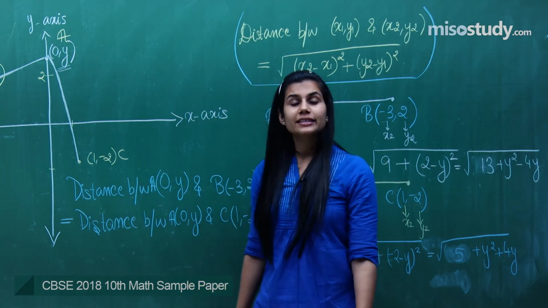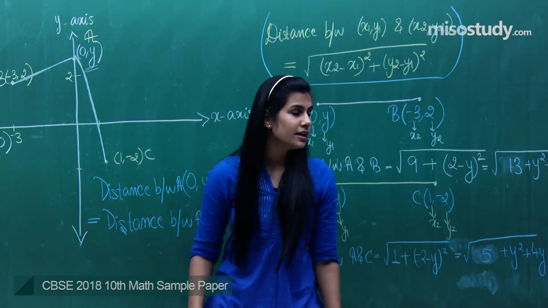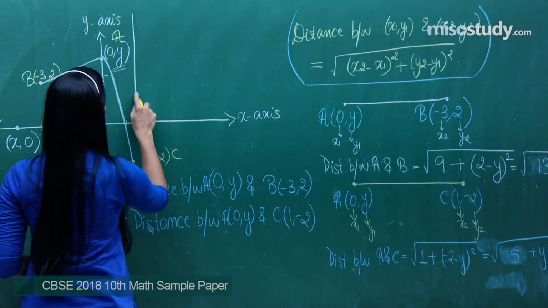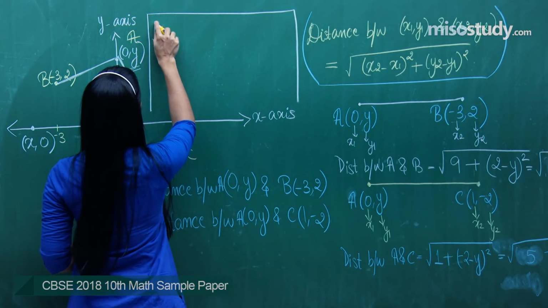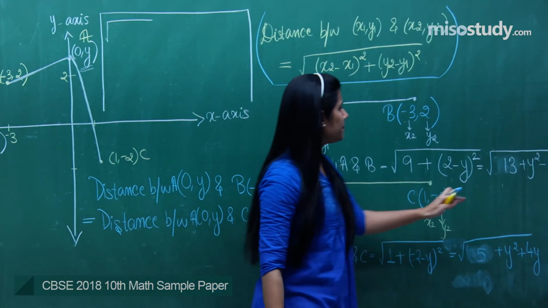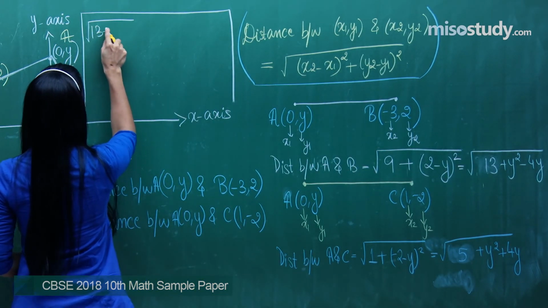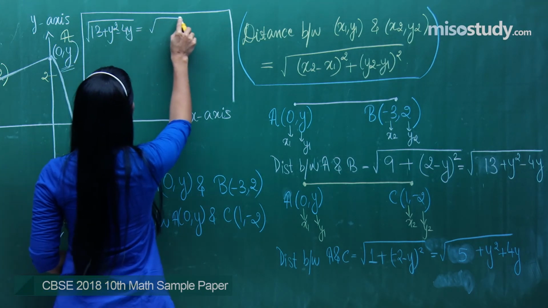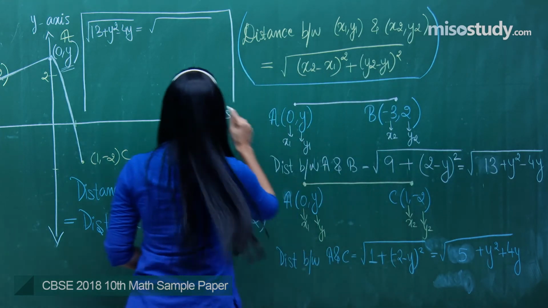Now I know that this point is equidistant, so these two distances are completely equal. That means I have under root 13 plus y square minus 4y is equal to under root 5 plus y square plus 4y.